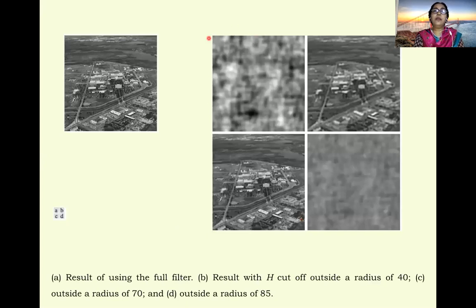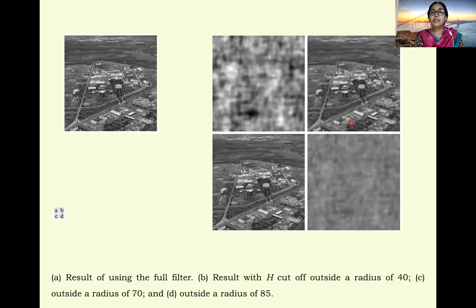Now this is showing the original clear image, a sample image. This is how it is degraded, a degradation using a full filter.